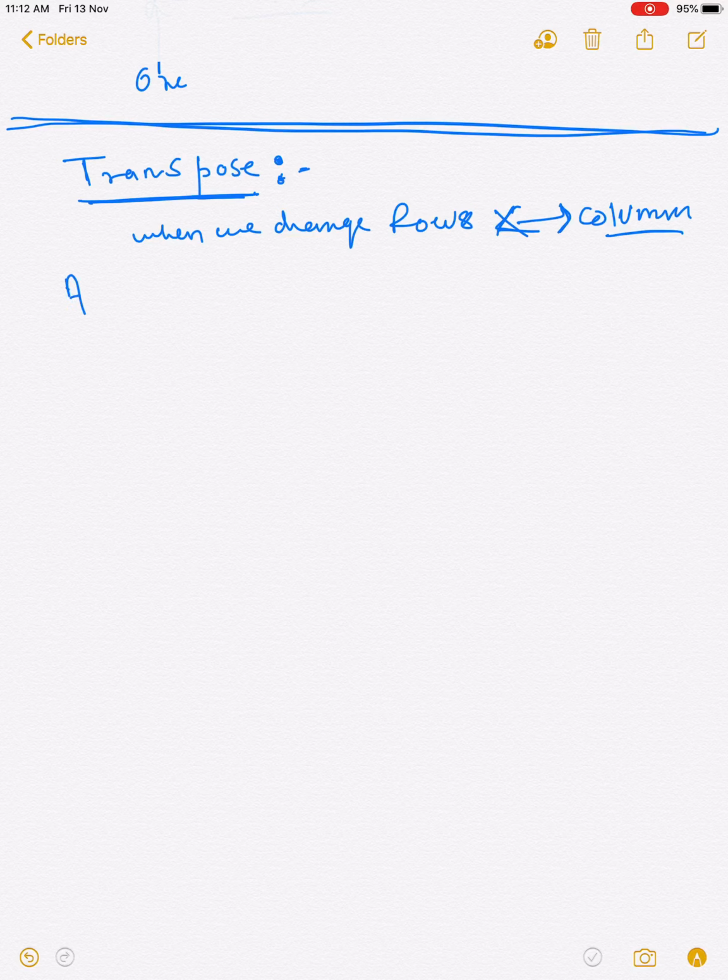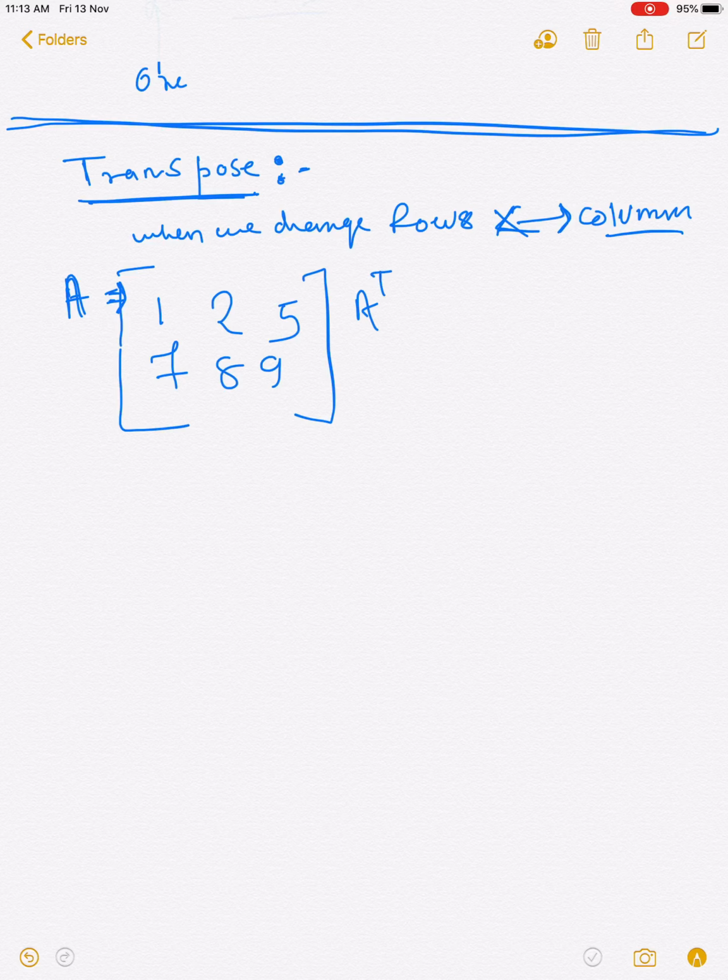Let's take an example, because an example is better to understand. Let's say the matrix is A equal to 1 2 5 7 8 9, then A transpose is 1 2 5 7 8 9 rearranged.